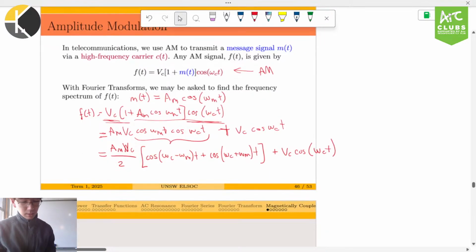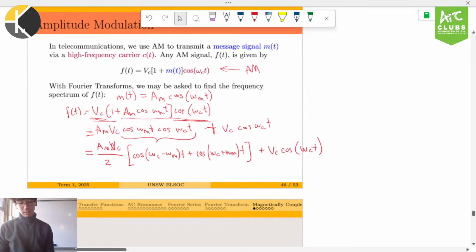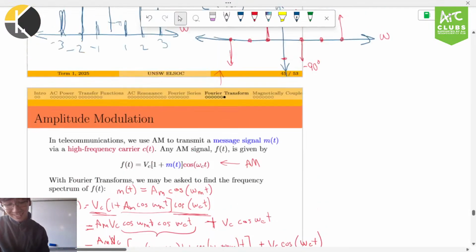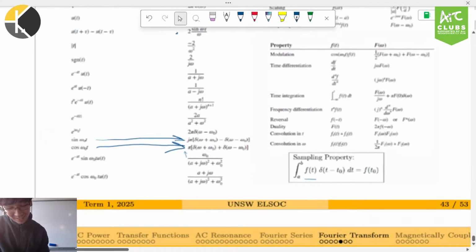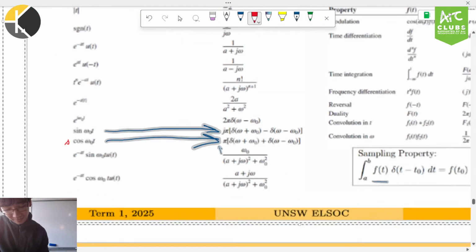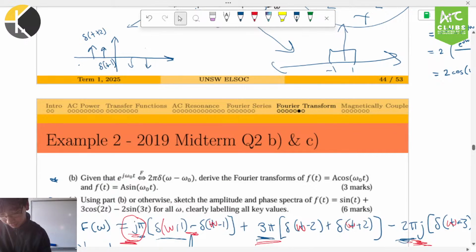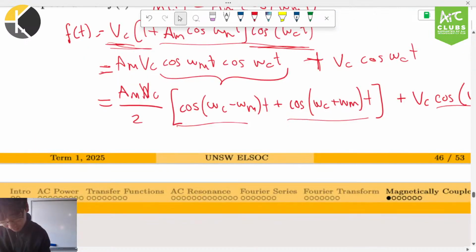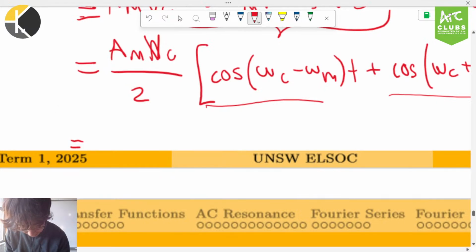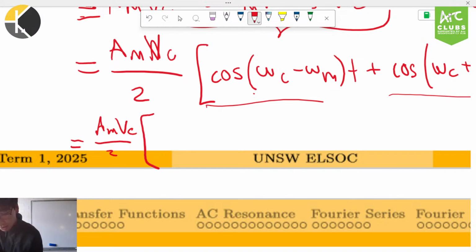Cool. Now that they're each separated out into separate trigonometric terms, we can apply the Fourier transform pair that we used earlier, which was this one here. We're going to convert cos into pi delta omega plus omega naught, and then delta omega minus omega naught. So this here will be Am Vc on 2 times pi. Here our omega naught is omega c minus omega m.